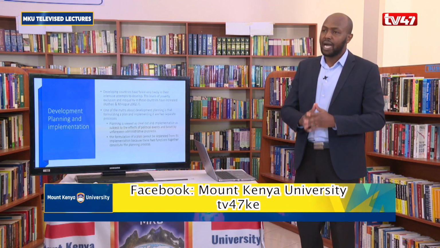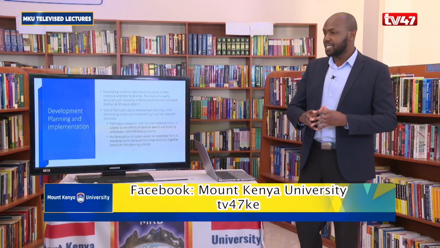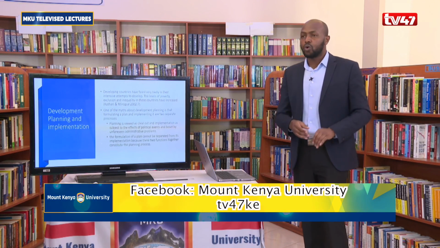Like in the case of Kenya, when we received independence, one of the key goals of the government that was instituted at that time, in 1963, 1964, was to deal with disease, ignorance, and poverty.